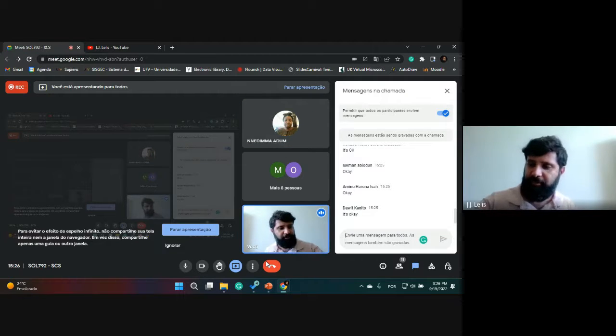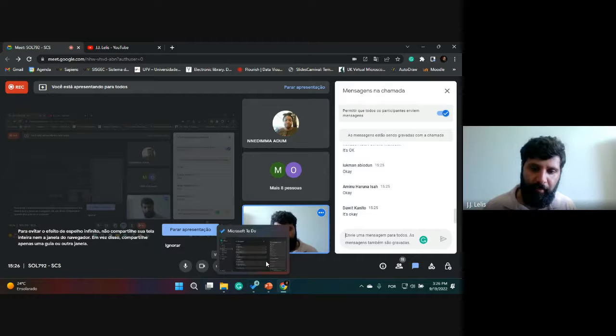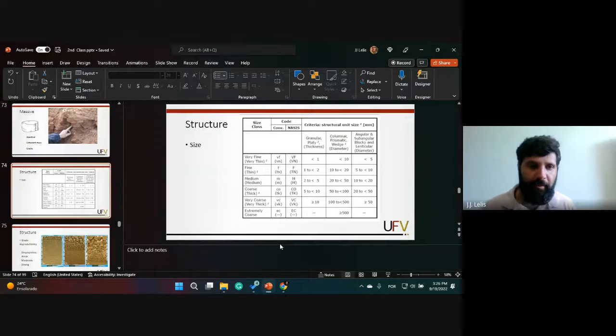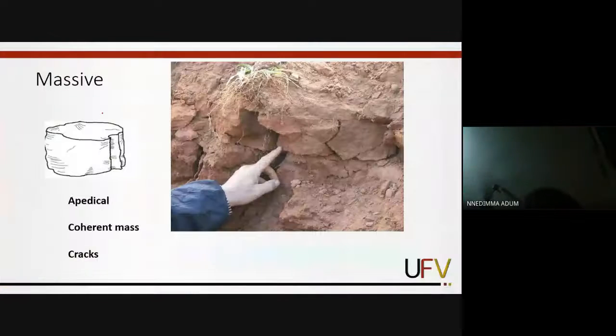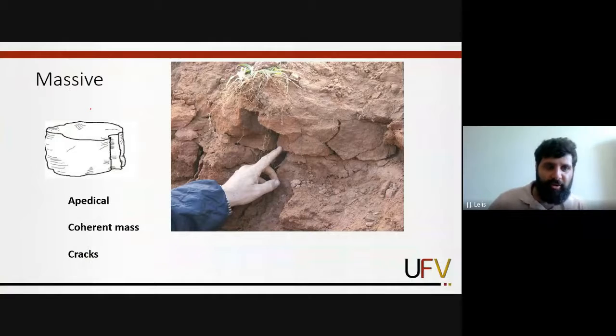Just let me show you. Just a minute, okay? Here. This massive structure doesn't present an organization. It's just material without any kind of specific shape.